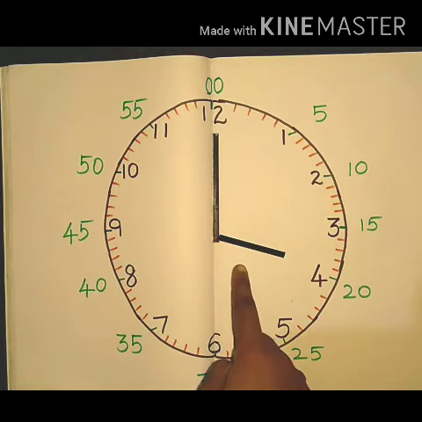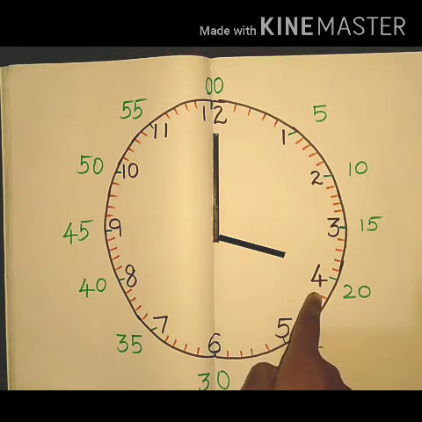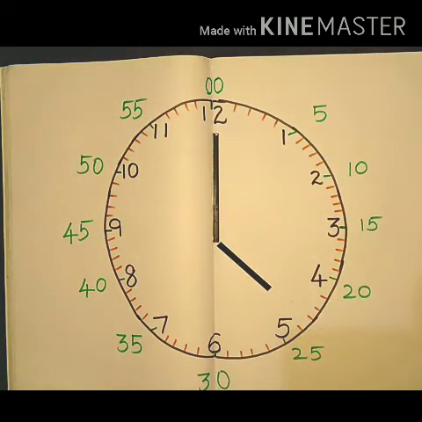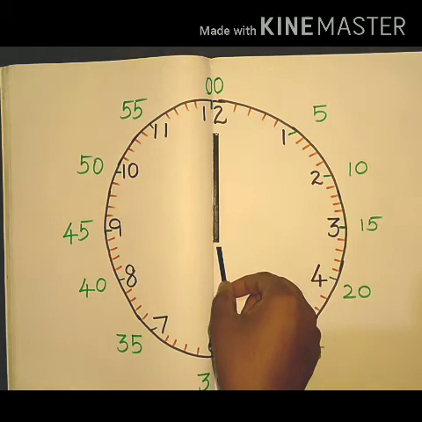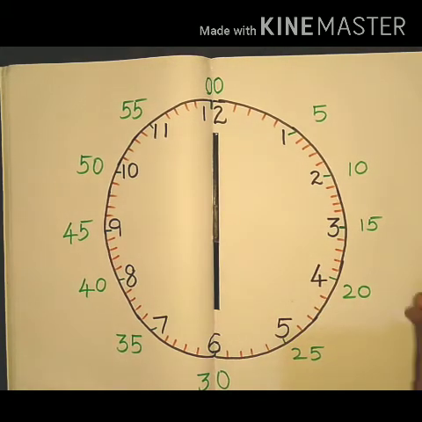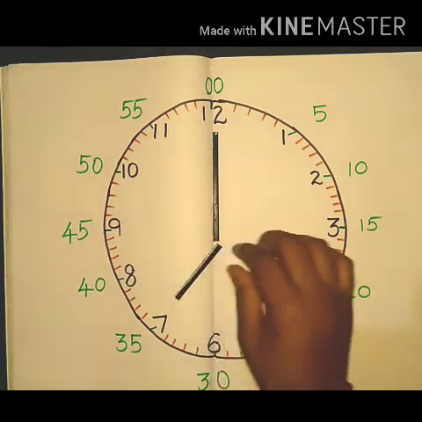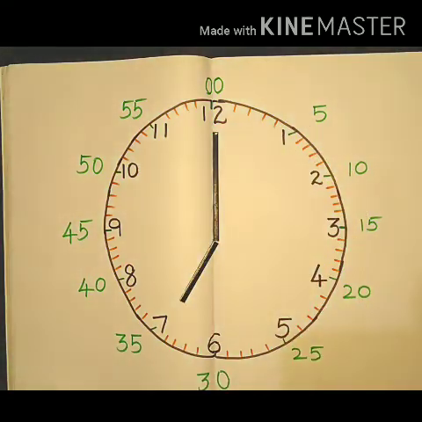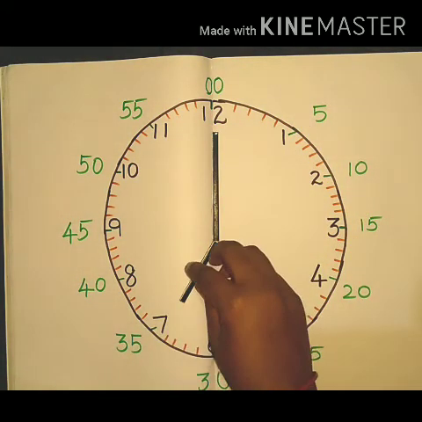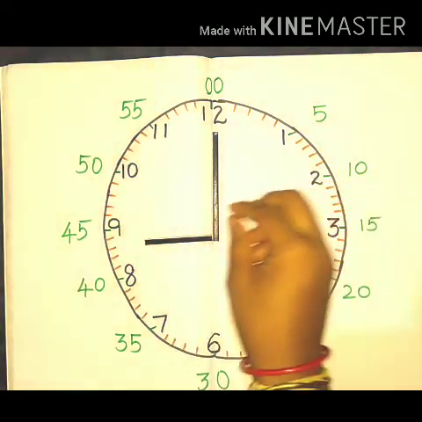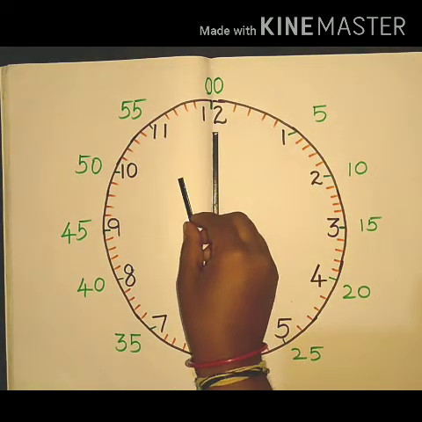Likewise, if the hour hand is pointed toward 4, the time is 4 o'clock. If the hour hand is pointed towards 5, it's 5 o'clock. If towards 6, it's 6 o'clock. If the hour hand is pointed towards 7 and the minute hand towards 12, it's 7 o'clock. 8 means 8 o'clock, 9 means 9 o'clock, and similarly for 10 and 11.